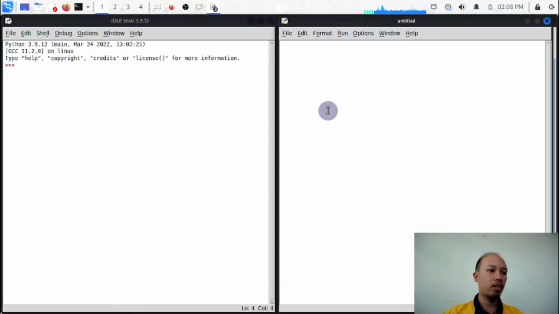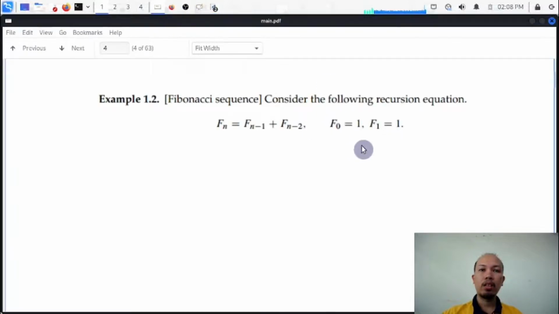Let's code our Fibonacci sequence. First let us define our function. Let's say big F of n. We will denote our sequence as f of n. Based on our initial condition, if n is equal to 0 or 1, then we have 1.